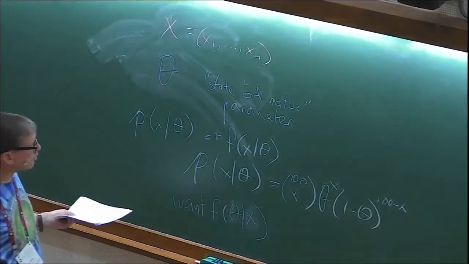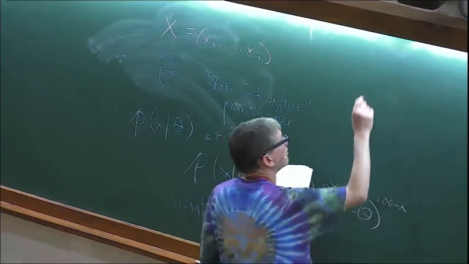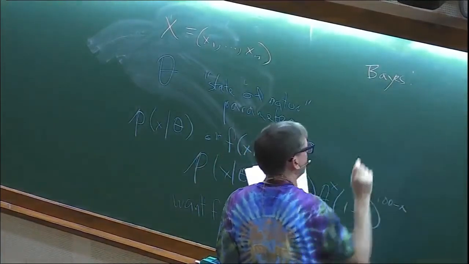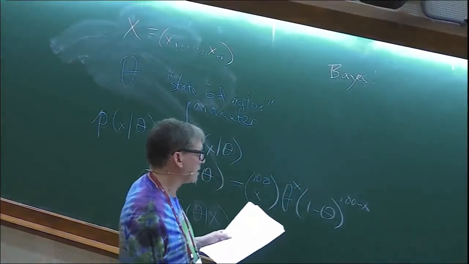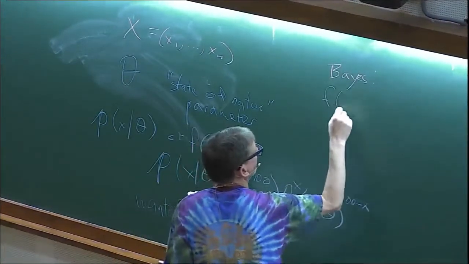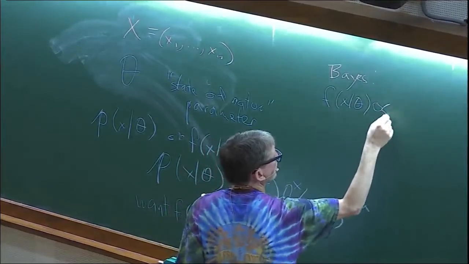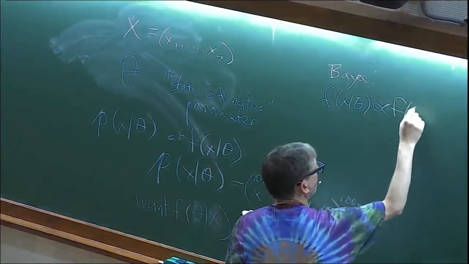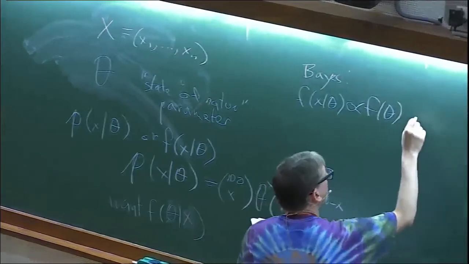Okay, now, what we were doing yesterday, we used Bayes' theorem. Okay, so what Bayes gave us was that f of theta given x was proportional to two terms, f of theta, the density of theta, times f of x given theta.